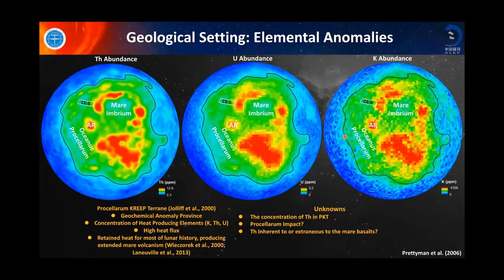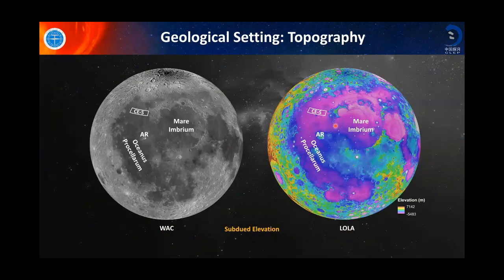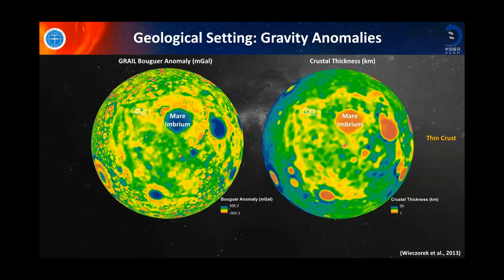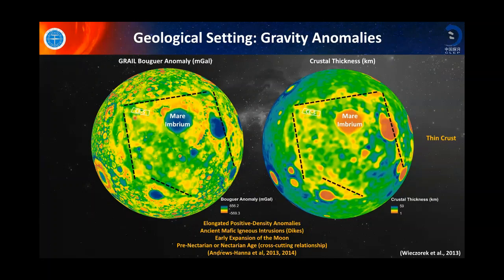What other characteristics does the PKT terrain have? The PKT terrain also has subdued elevation and very special gravity patterns. For example, there are some very long linear gravity anomalies that border the PKT. Andrews-Hanna's work interprets them as ancient mafic igneous intrusions, or in other words, dikes.